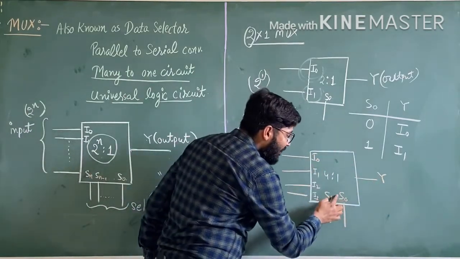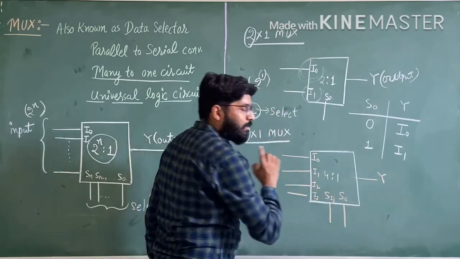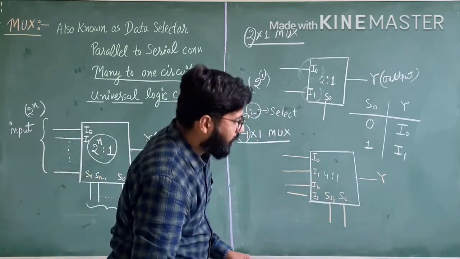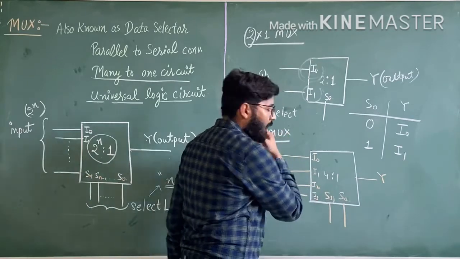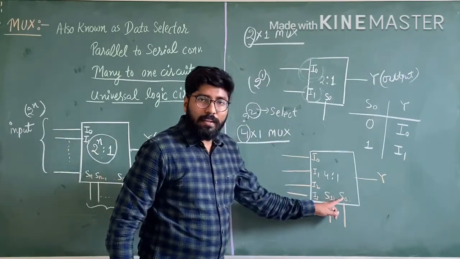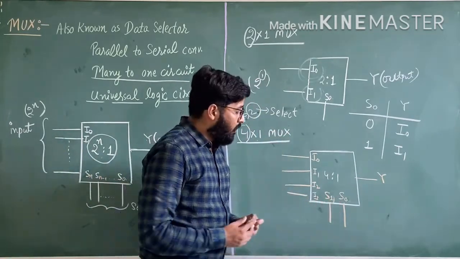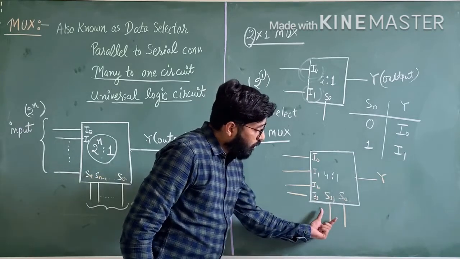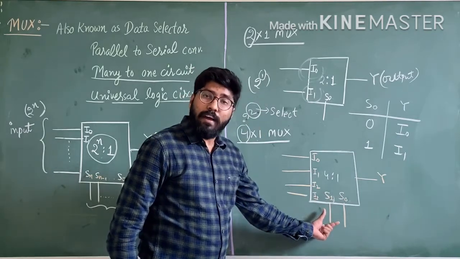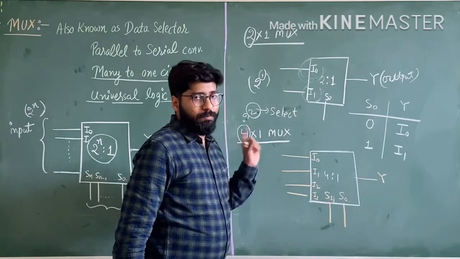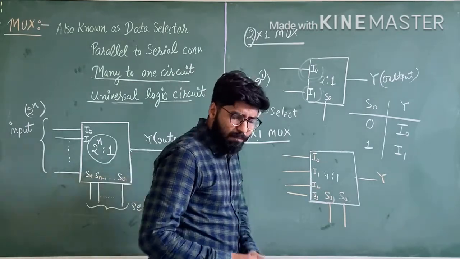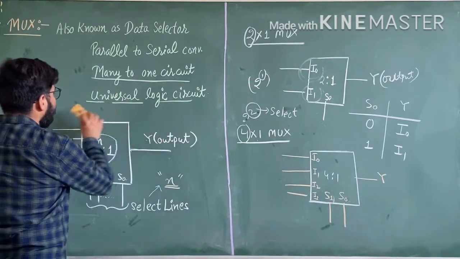This is the least significant bit, and this is the most significant bit. So keep this point: if we have two select lines, you put S0 here and S1 here. Now, depending on the condition of S1 and S0, we get an output. Now suppose we develop a truth table here.